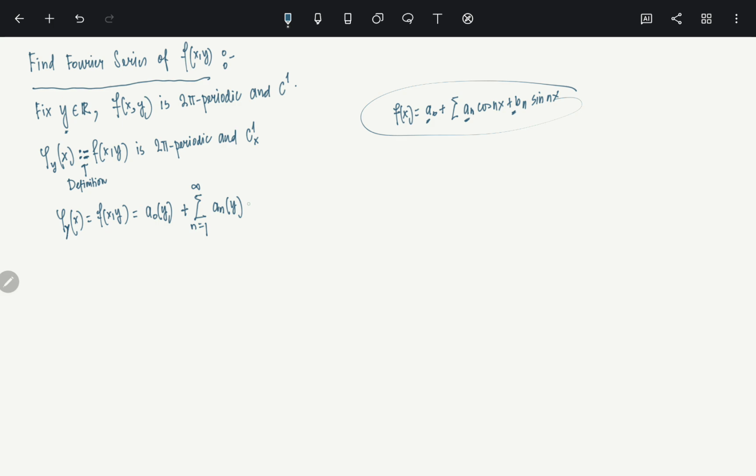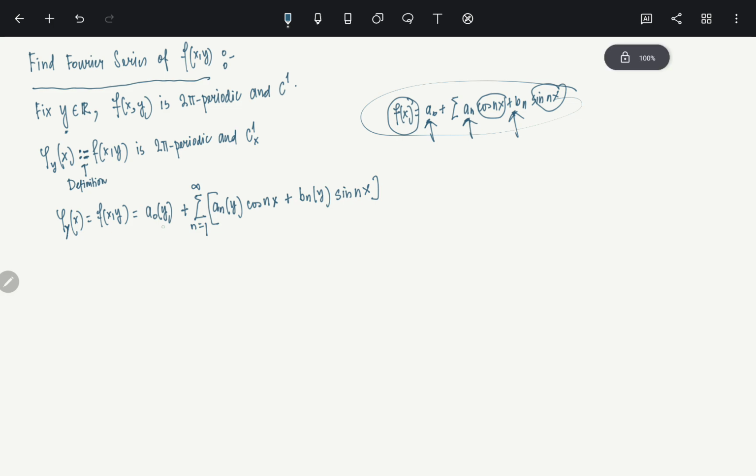So a n of y cosine n x, yes, plus b n of y. See here, please understand this thing. Cosine nx, sin nx, this is because of the expansion with respect to x, right? Now for any fixed y, these are just constants. But if y is varying, then f of x y has to be written like this. Yes, I hope you understand what's happening here.